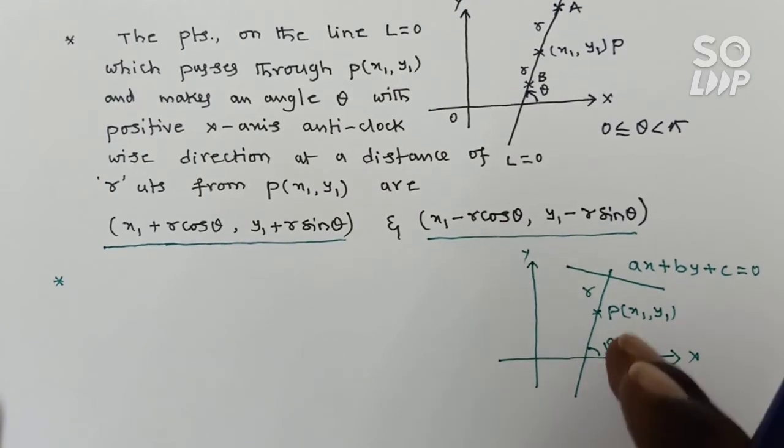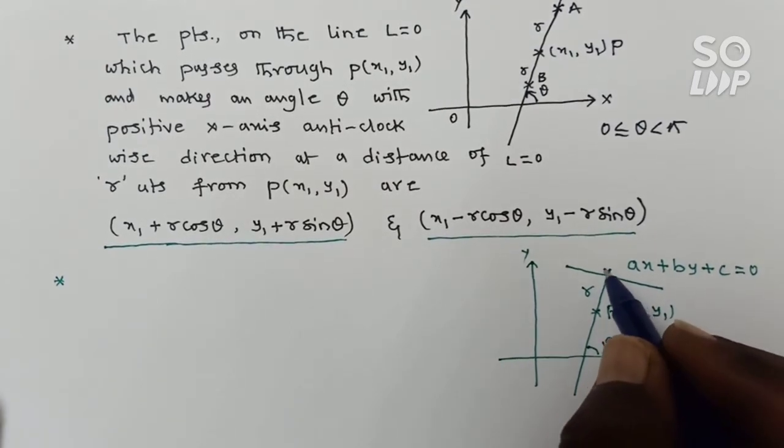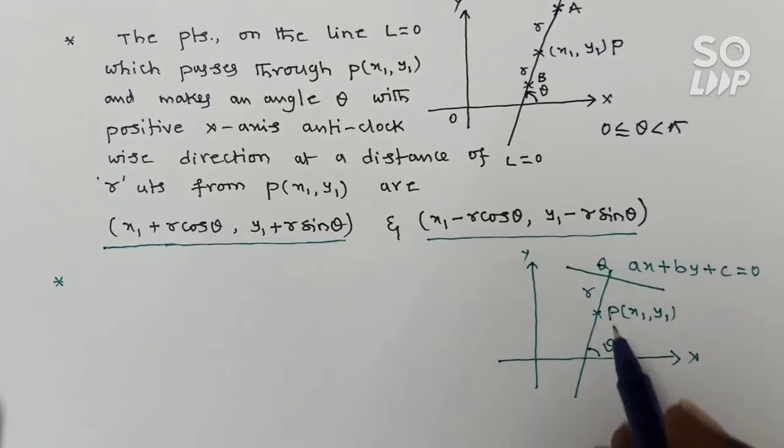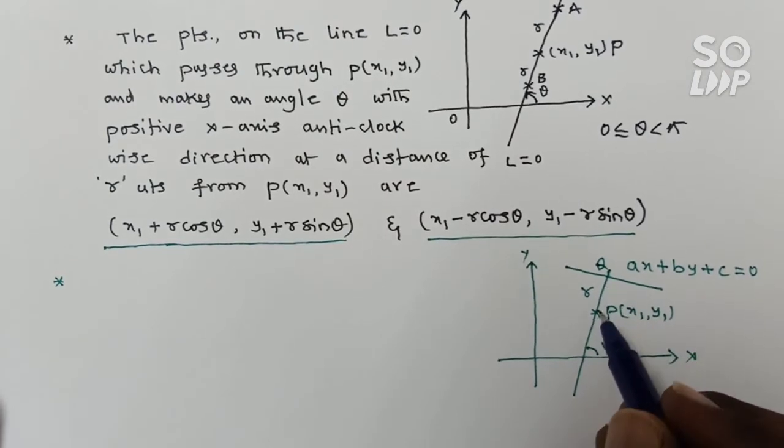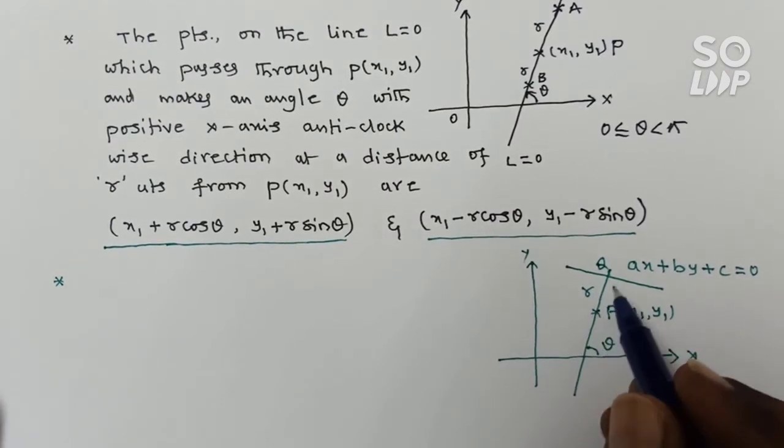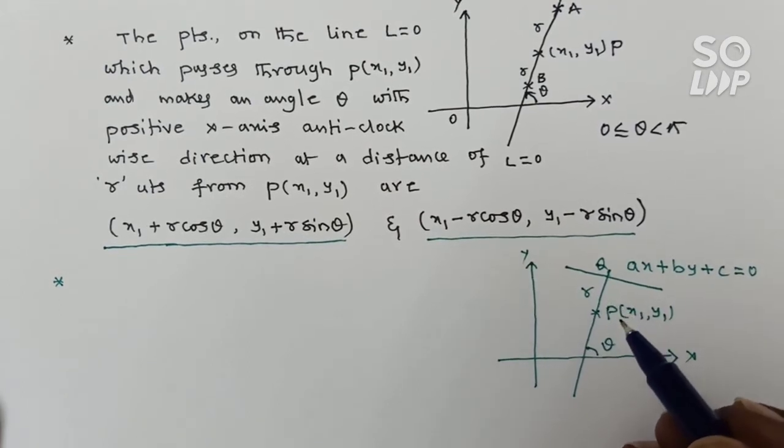Let this point be Q. How can we find that r value? r is nothing but the distance between P and Q, right?